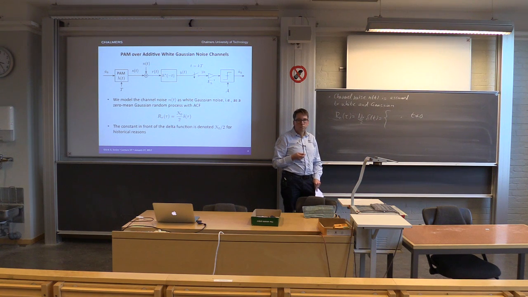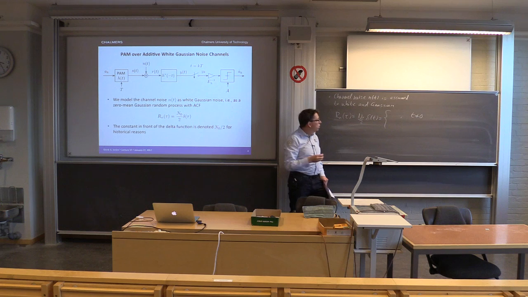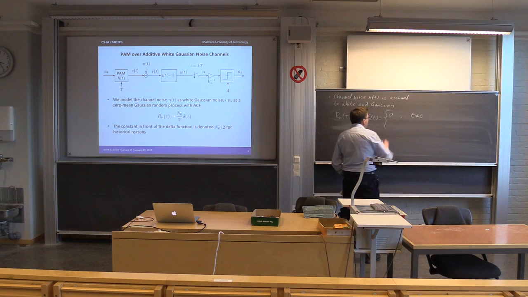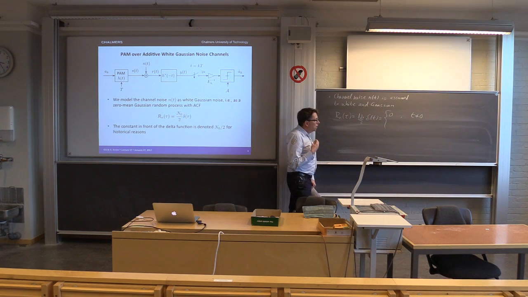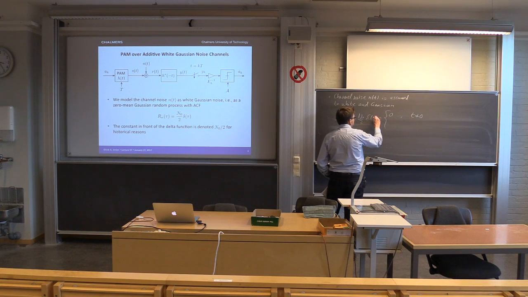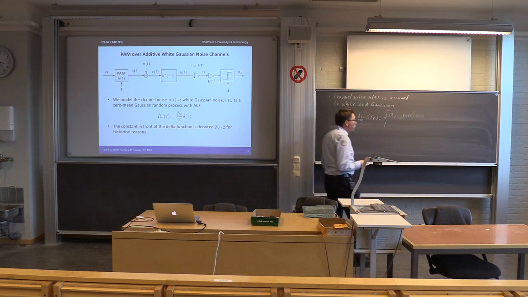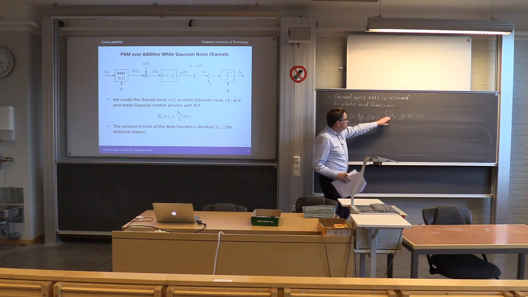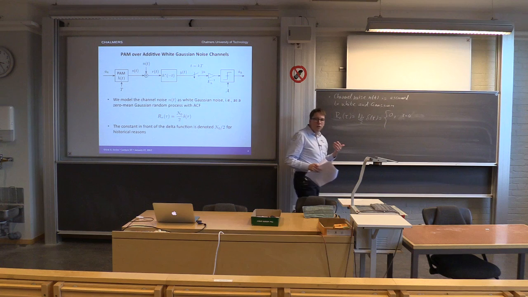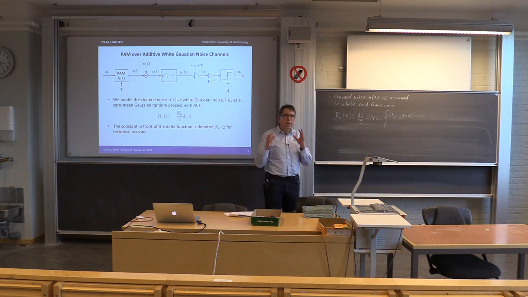What is it? 0, exactly. So outside tau equals 0, sorry, maybe it should be tau here. It doesn't really matter. Okay. So this condition tells us that the process is completely unpredictable.